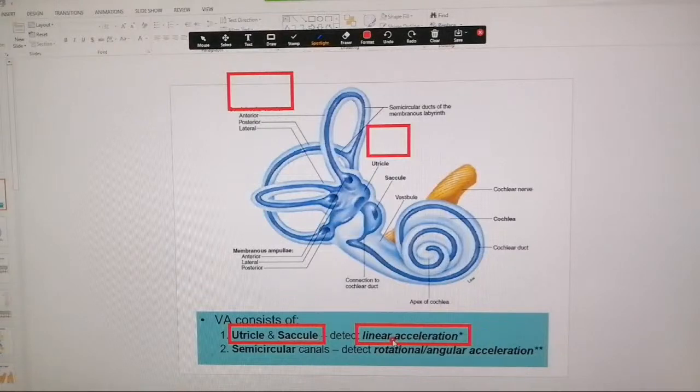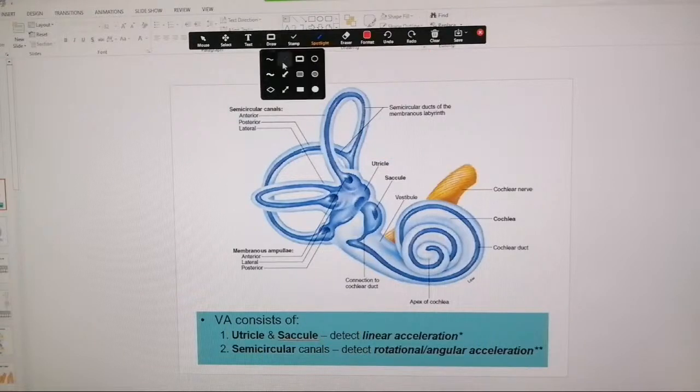If there are no questions, the semicircular canals detect rotational or angular acceleration. So it's the same tech, hair cells and all that sort of thing as the otolith organs. However, the main difference is that instead of linear, it detects rotational acceleration. An example would be when you sit in a swing which is going round and round in circles, or you do a somersault, or you roll over.